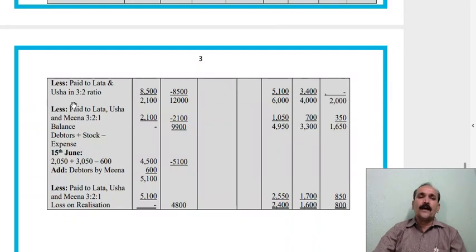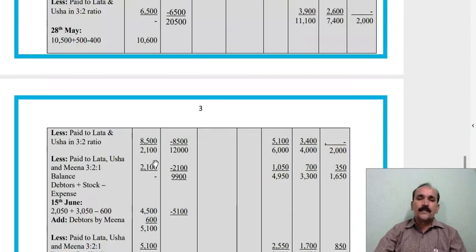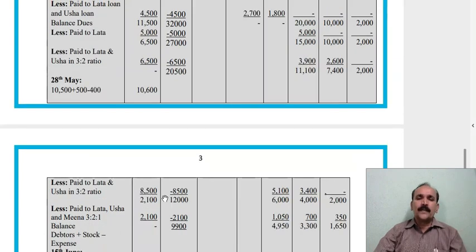Cash paid to Lata and Usha in the ratio of 3:2, 8,500, deducted from cash available and total claim. After the deduction of 8,500 from total claim, balance is 12,000 and cash available is 2,100. 8,500 is distributed among Lata and Usha: for Lata 5,100, for Usha 3,400.